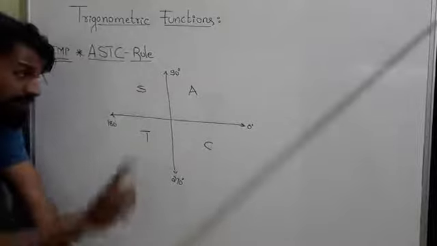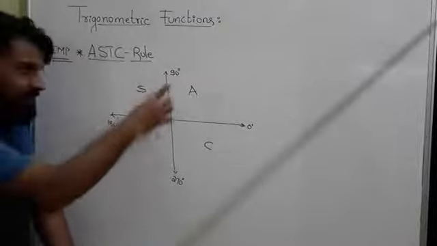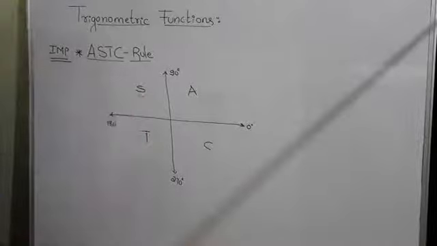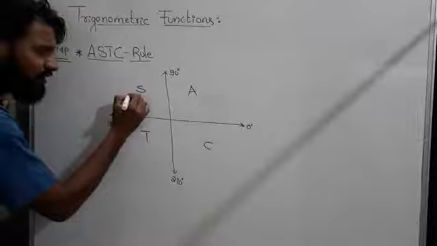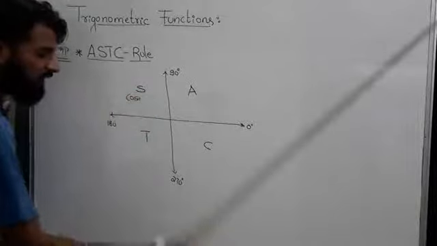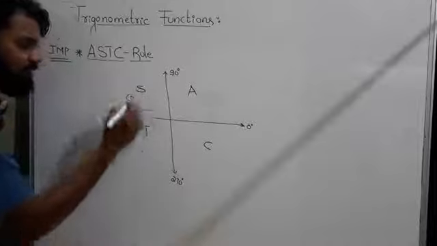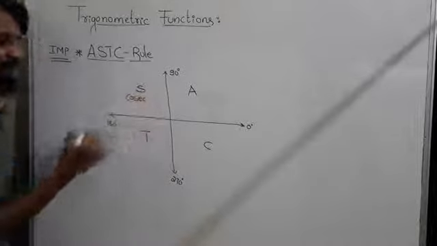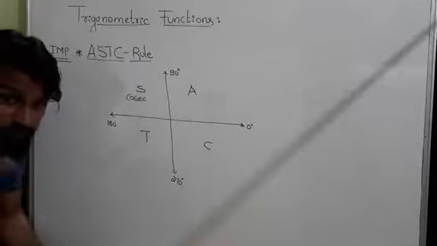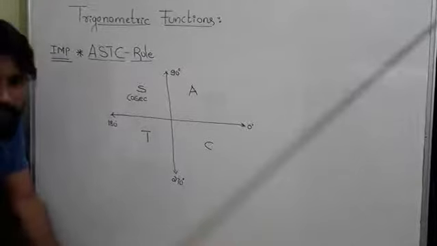But when I come to the second quadrant, meaning 90 degrees to 180 degrees, only sine, and also its brother, cosec, will be positive. The rest all 4 will be negative.